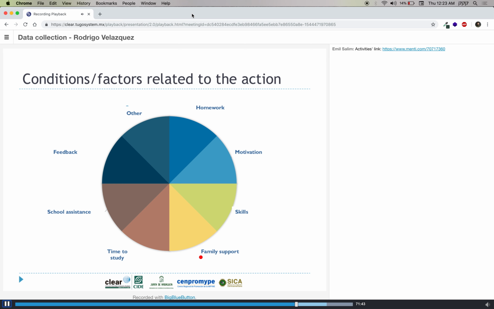Homework is the action that wants to increase grades in reading tests in schools. However, the research and the evidence found in the other school districts where this worked is that homework was not applied in isolation but under specific conditions, and the conditions are shown in this slide and in this graph.